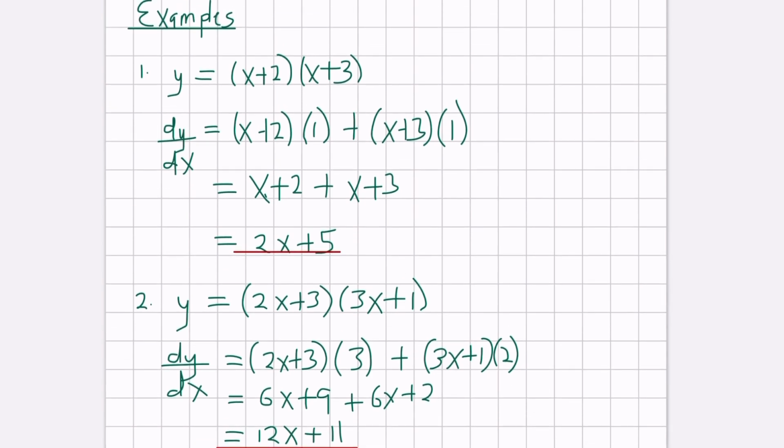Now, we've got an example here that says differentiate the function y equal to x plus 2 multiplied by x plus 3. So this is our function right here.